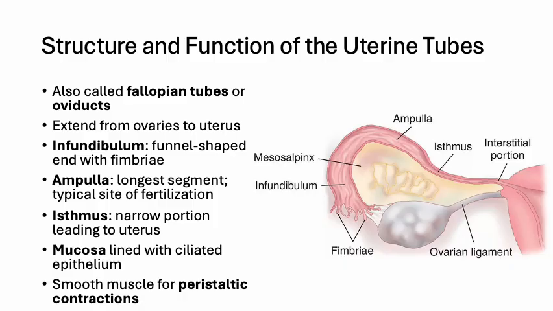As the oocyte travels through the tube, ciliated epithelial cells in the lining help sweep it towards the uterus. At the same time, gentle peristaltic contractions of the smooth muscle assist in the movement. These mechanisms are essential for transporting both the egg and, if present, the sperm.